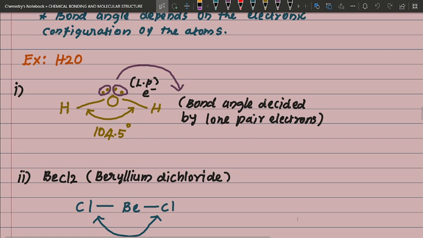Here the bond angle is decided by the lone pair electrons, due to electrostatic force. So this bond angle is 104.5 degrees. The shape is bent.